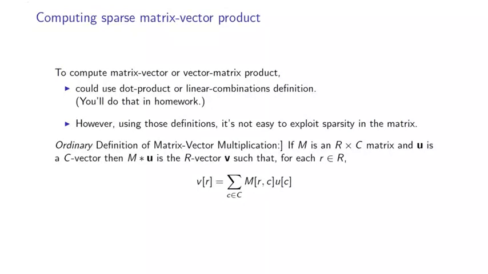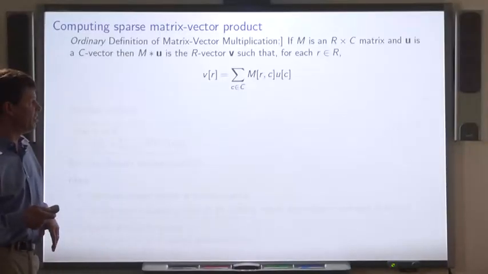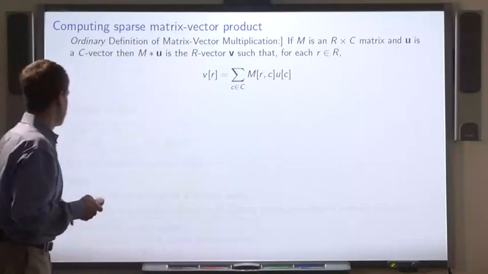Entry R of the resulting vector V is the sum over all the column labels C of M_RC times entry C of U.